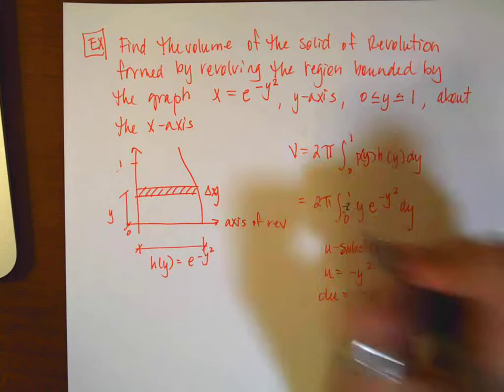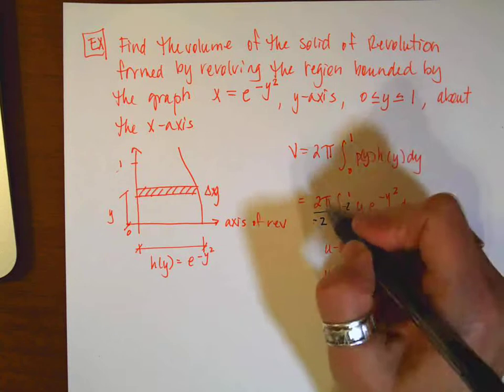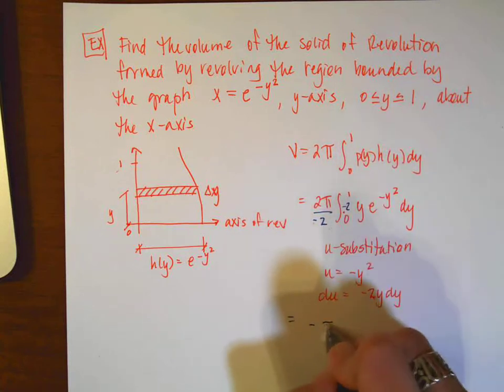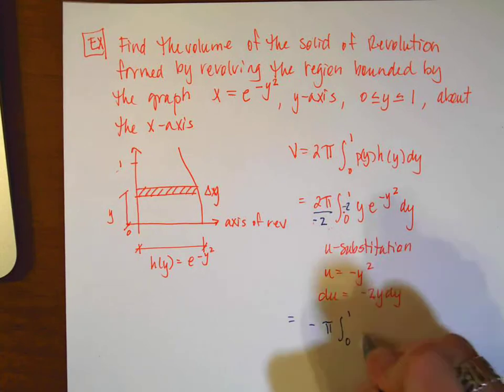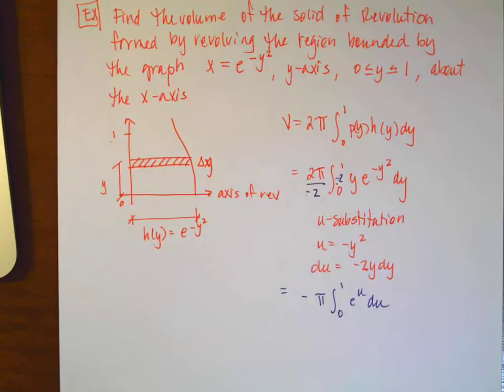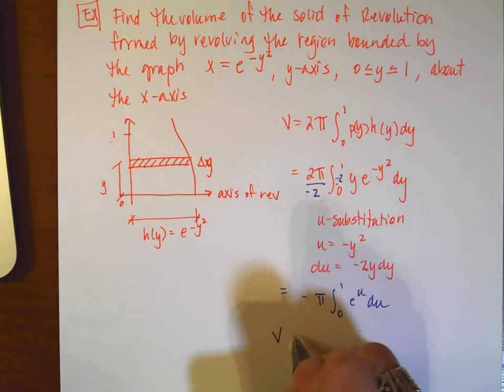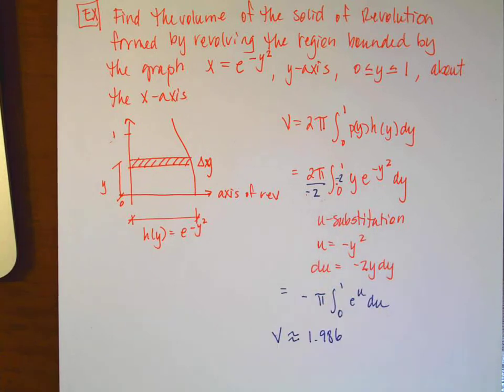I'm going to put my negative 2 in here, and my negative 2 in the denominator out there so they counteract each other. And then I end up with a negative pi times the integral from 0 to 1 of e to the u du. And then if you were to finish your problem in all of your brilliance, you would get that the volume is equal to 1.986.